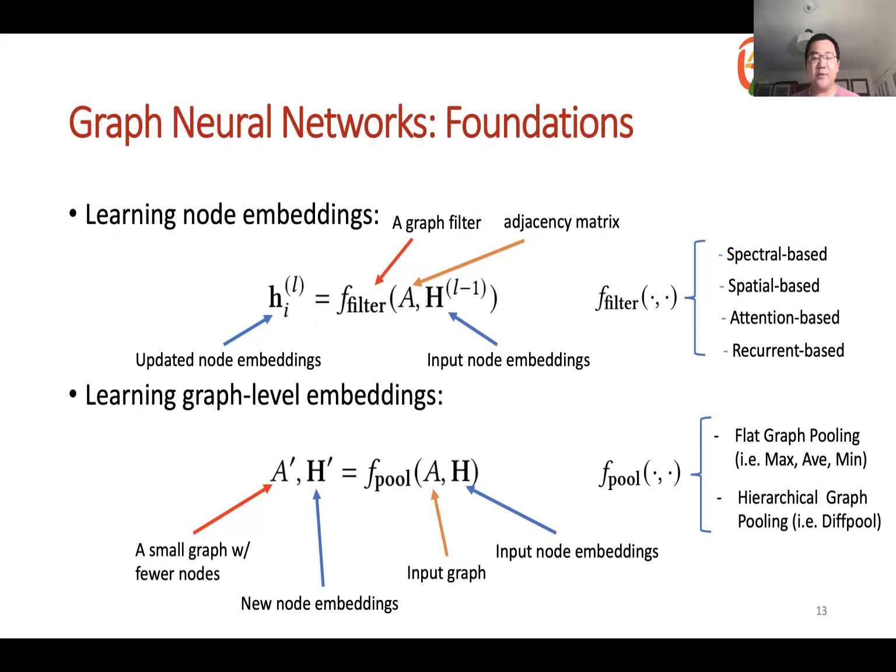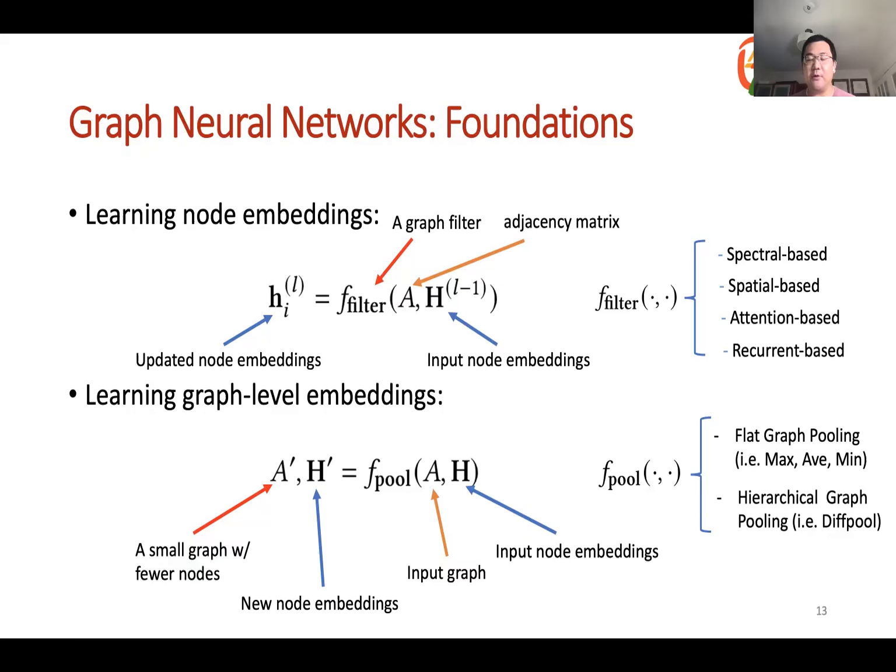The whole process is referred to as graph filtering. The graph filter operation is key to determining the different types of graph neural nets. We can roughly categorize current graph neural net methods into four groups: spectrum-based, spatial-based, attention-based, and recurrent-based methods. We'll talk about each group in detail in later slides.